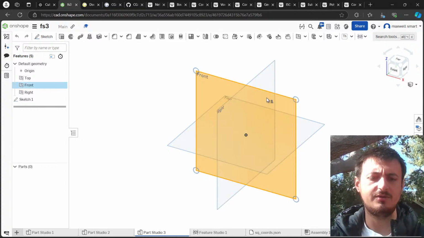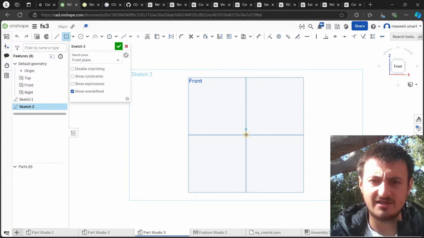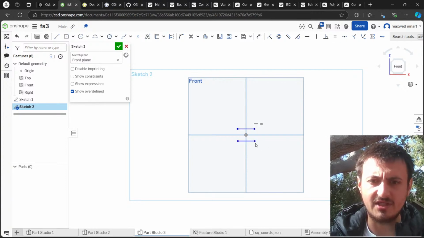So what we're gonna do is make a sketch here. We're gonna make a rectangle like this. Oh wait, no. We want line, line, line, line. We're gonna take these and make them equal, and these have to be vertical.